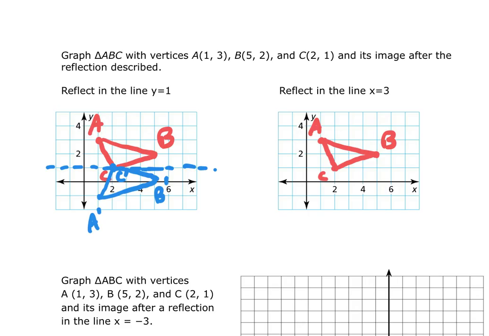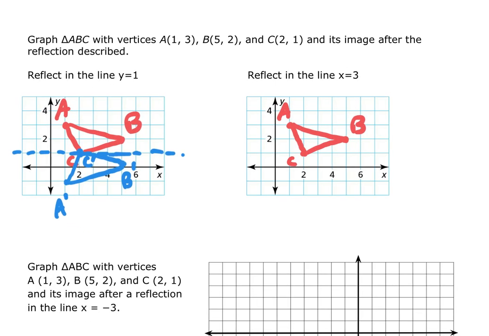Okay? X equals 3. What kind of line is X equals 3? Vertical. Okay? So we're going to draw a vertical line through the x-axis at X equals 3. None of these points fall on that line.